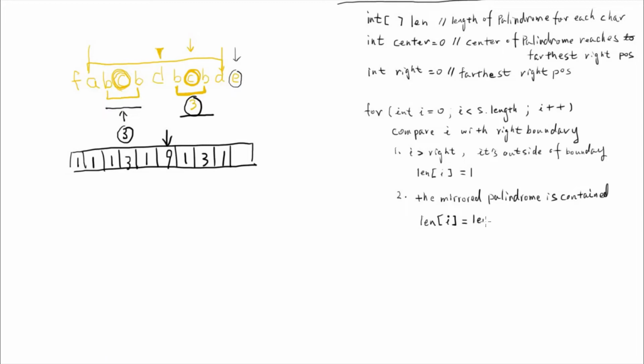And the formula is like this: 2 times center minus I. Let me explain to you where this formula comes from. So our I is here, and here is the center. If we use I minus center, it gives the distance from I to the center. So here is the distance.